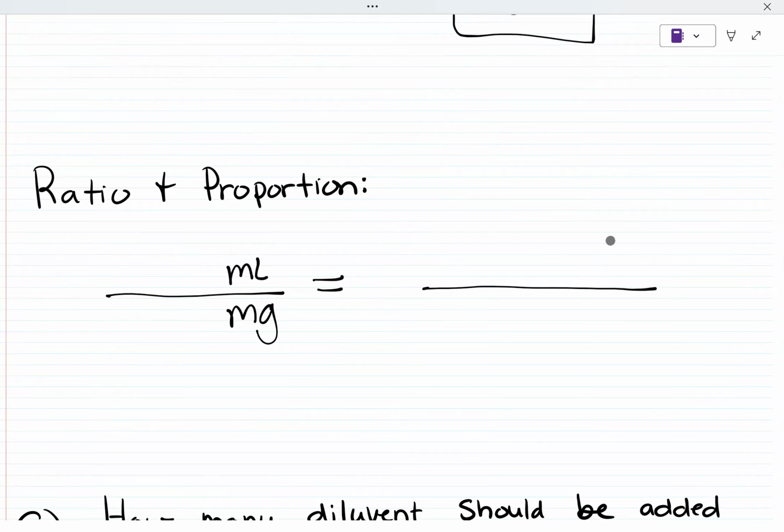So I could put milliliters here, milligrams on the bottom. And we know that for 1 milliliter, there was 2.5 milligrams. We want to know what was the total volume? So my volume is milliliters, so that's my unknown, for 50 milligrams.